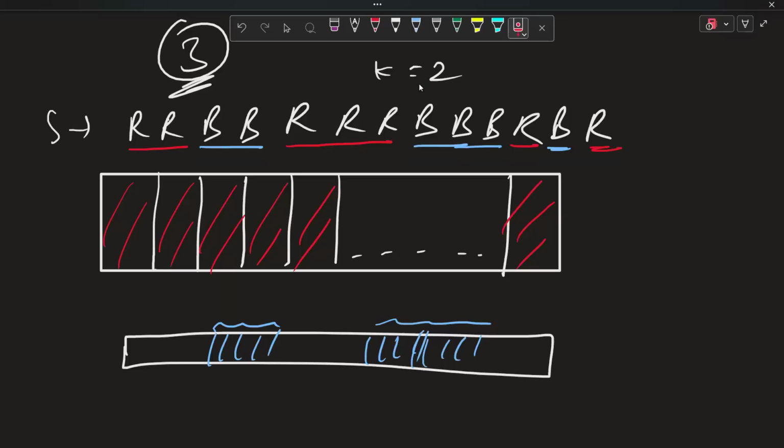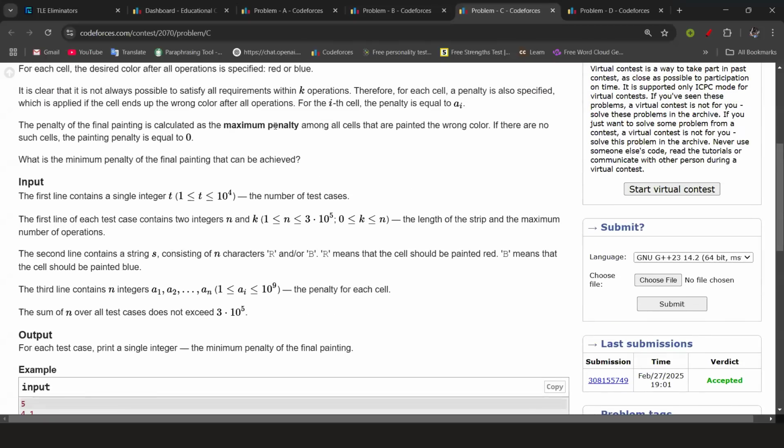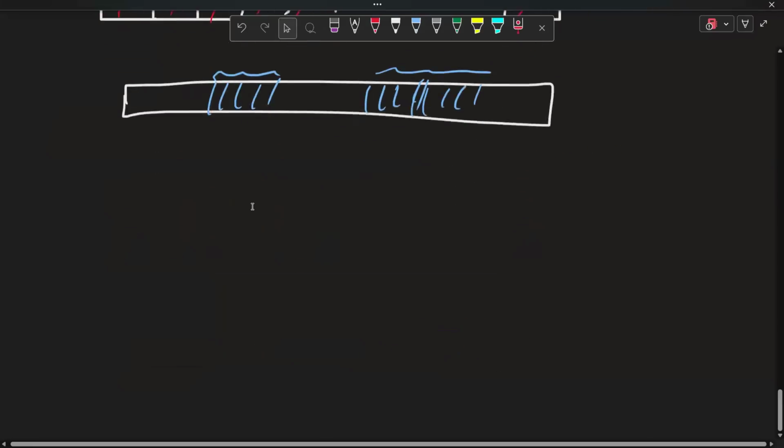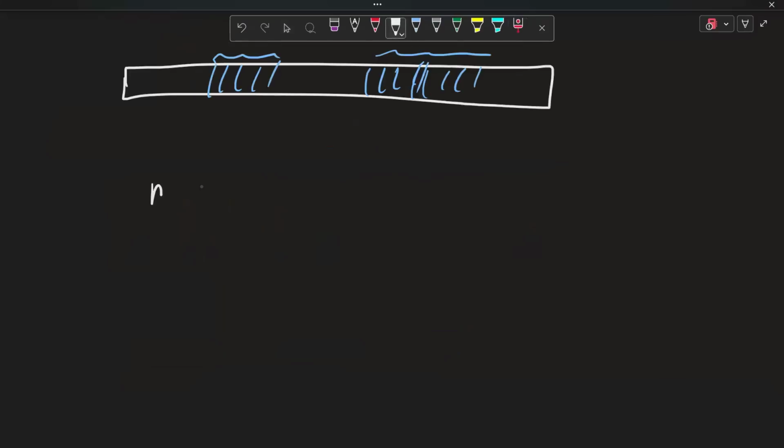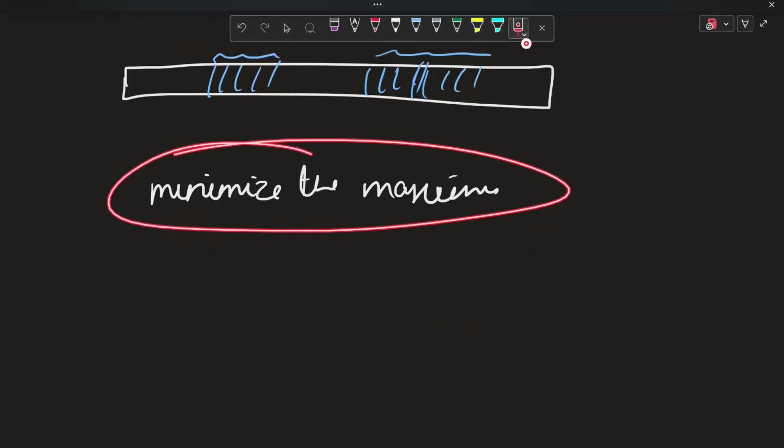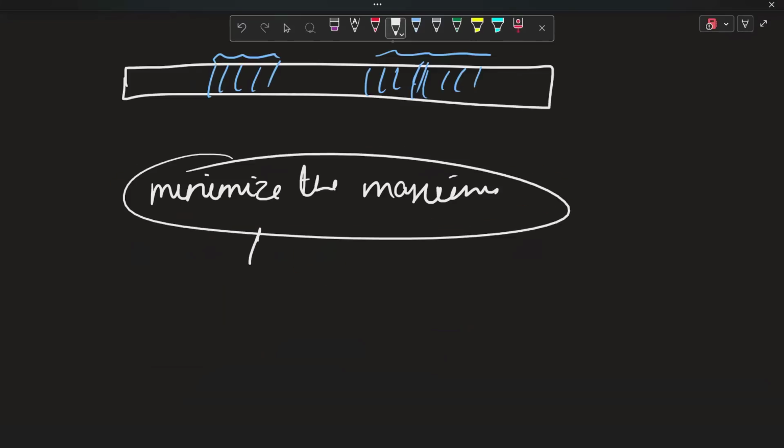Whenever you get a problem like that, where you have to minimize the maximum, or maximize the minimum, one normal intuition that should come to your mind is binary search.